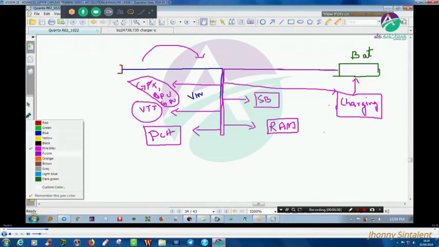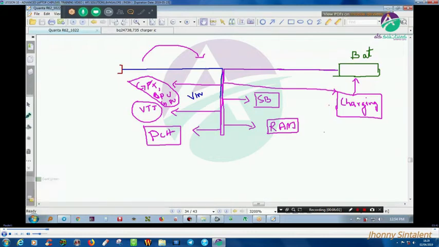So the rule is, for this main path, the voltage has to come either from the adapter. That means when the adapter is connected, my V in voltage will be minimum 19 volts. That means I can play with minimum 19 volts.